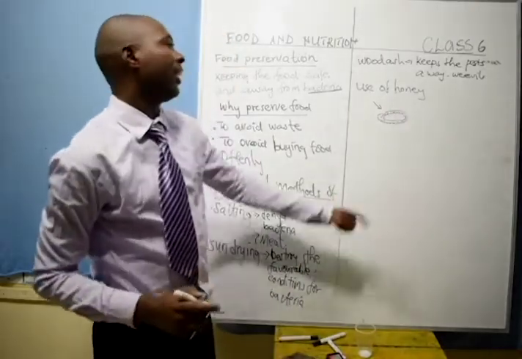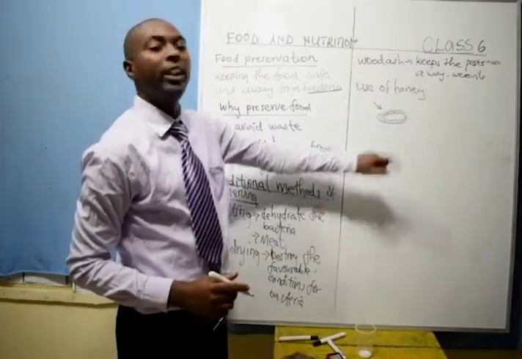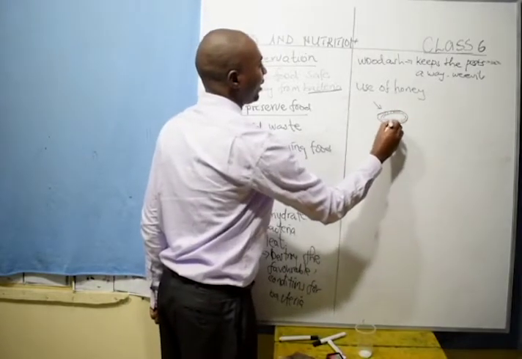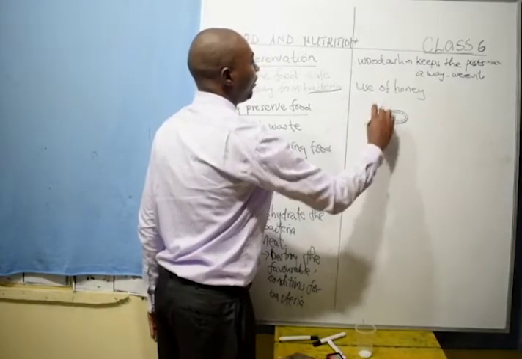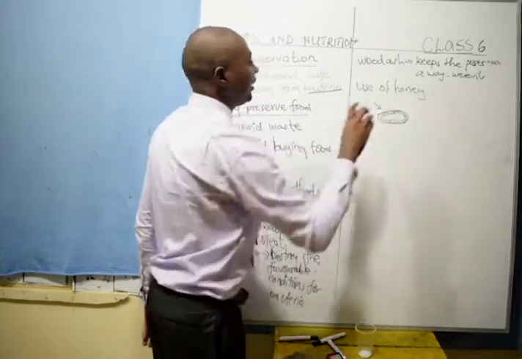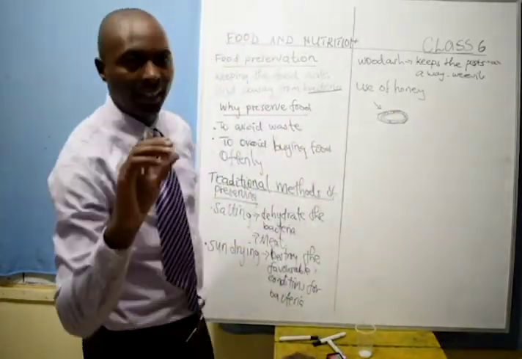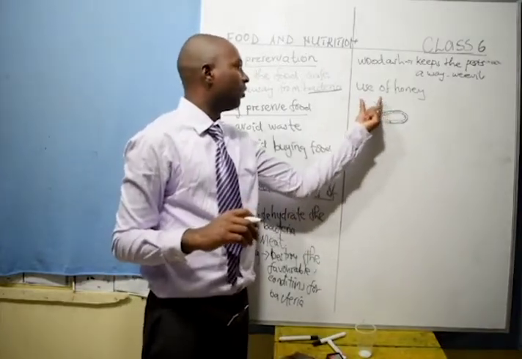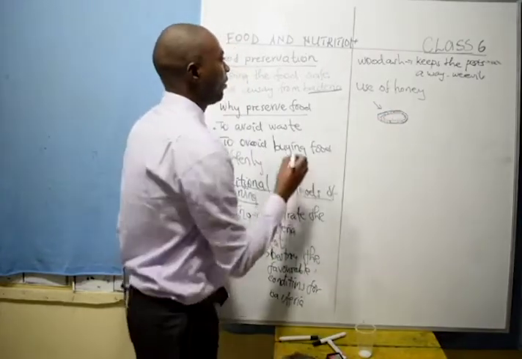Remember that the bacteria that are helping decomposition need oxygen. And therefore, when the honey gets here, remember that honey is oily. Therefore, it prevents the entry of air. Number two, it is a bit sugary. It has high sugar content, therefore it can dehydrate. But the main advantage of use of honey is to prevent entry of air.